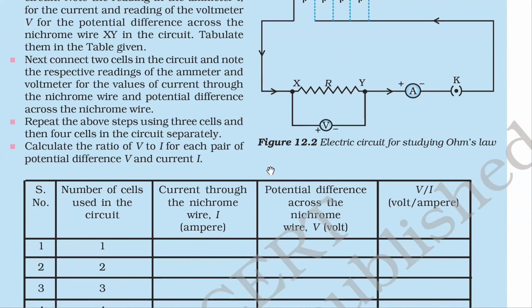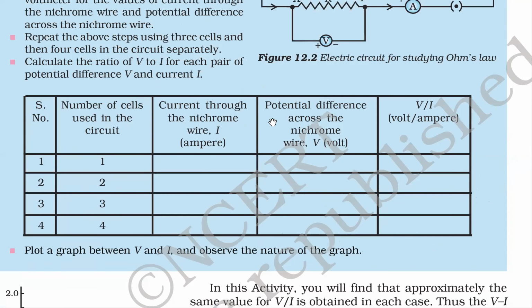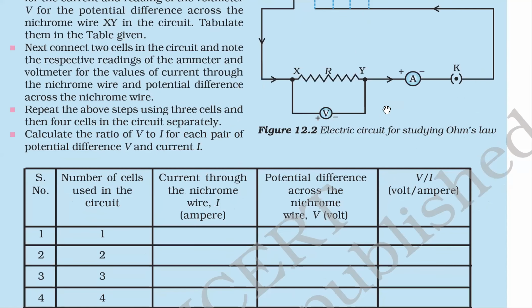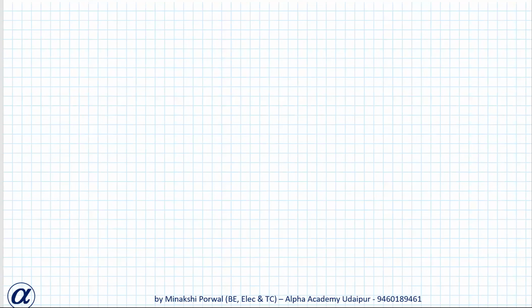Now what we will do is we'll measure the current and potential difference in each case. Okay, so now I'll do this on a slide. Suppose we are measuring the current and potential difference.